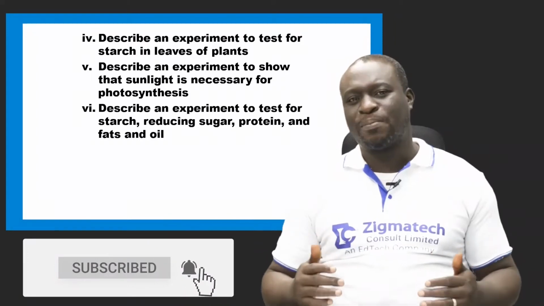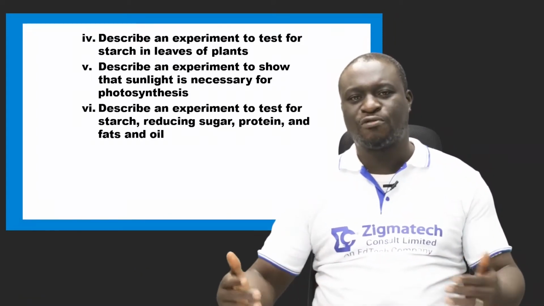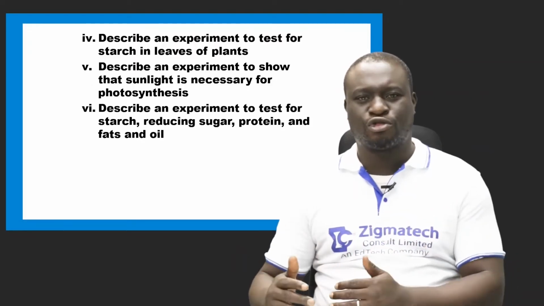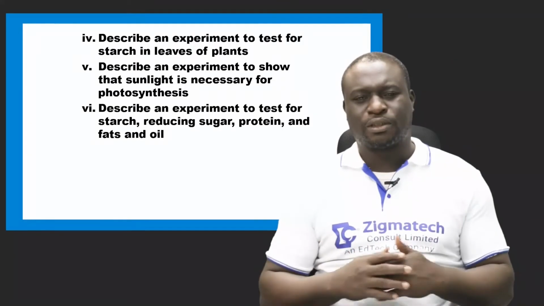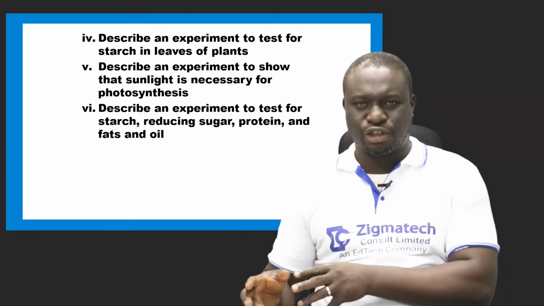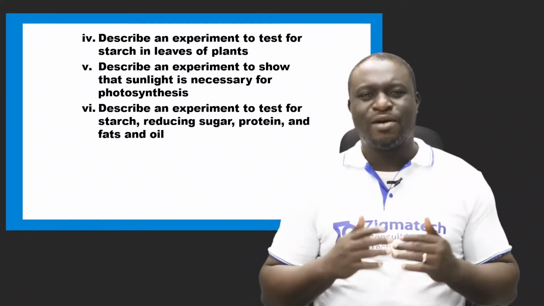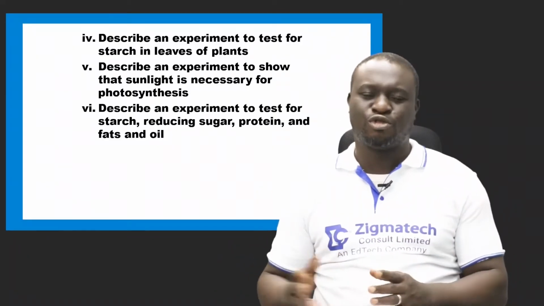And then we also talked about types of autotrophic nutrition. We mentioned that we have two types. We talked about photosynthetic nutrition, which is also called holophytic nutrition. And then we talked about chemosynthetic nutrition.